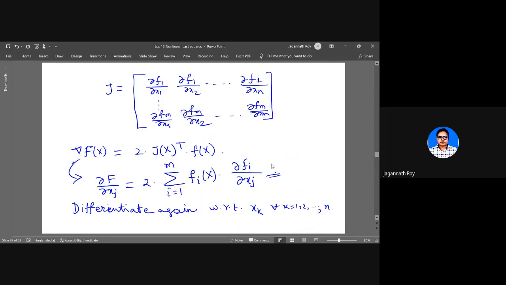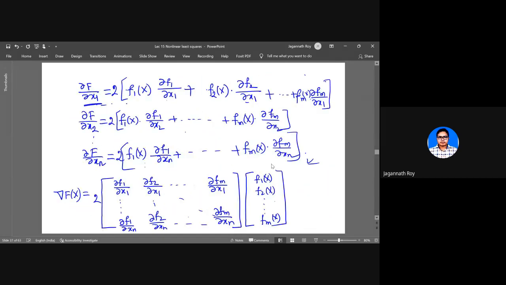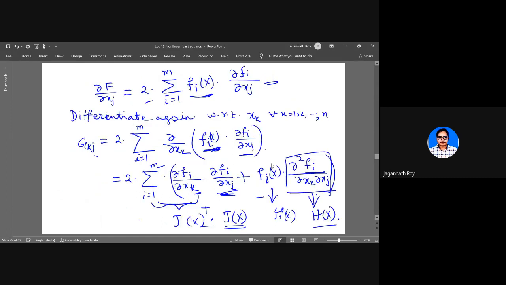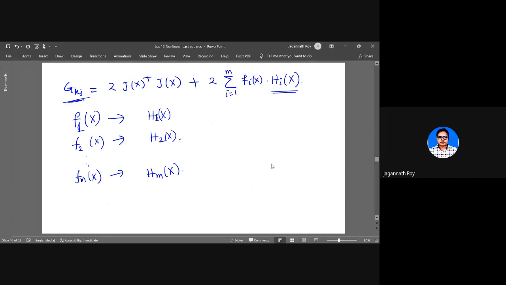So let us recall the gradient that we have, yeah, here it is. Gradient of f of x is this one. So gradient of f of x, we have 2 times Jacobian transpose of f of x.